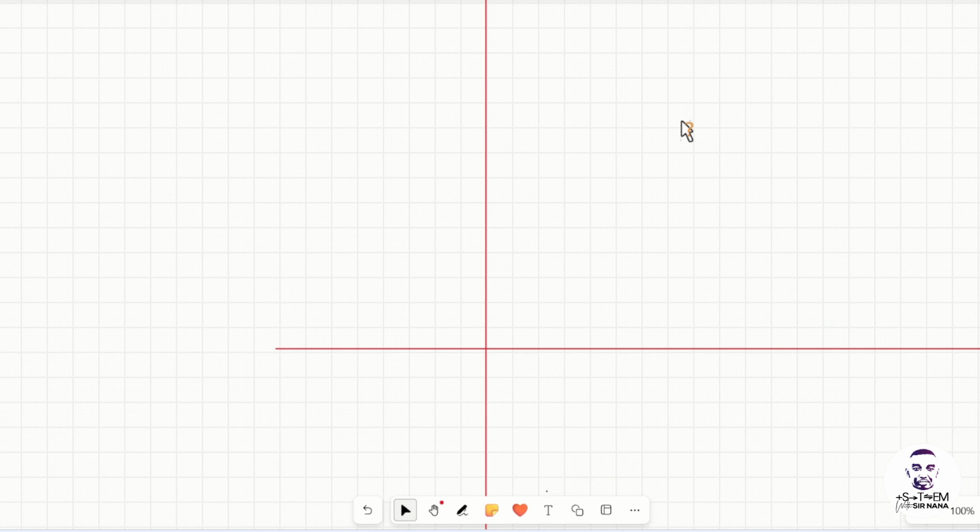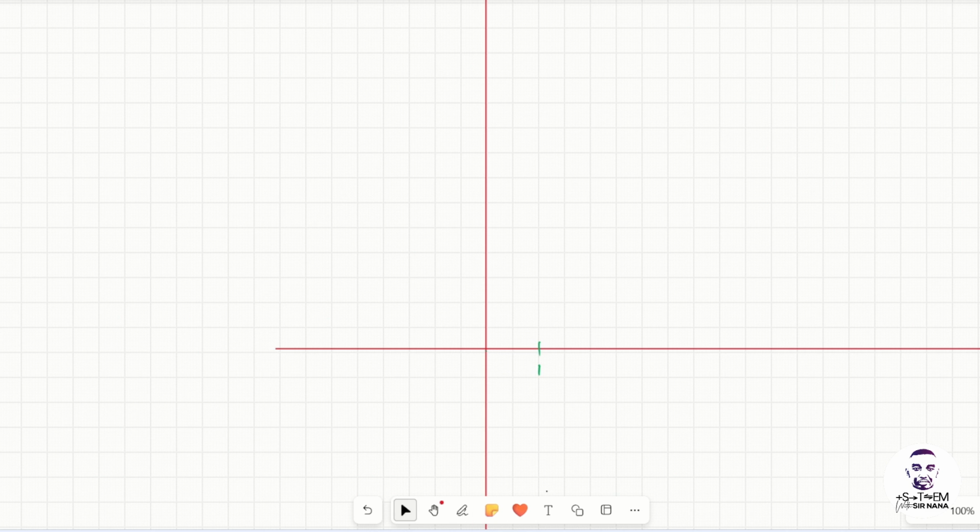We are going to have to label the sides. So we would have, let's say, 2 centimeters to 1 unit. Let's assume that from here to here is 1 centimeter. This is 2 centimeters. So this is 2 centimeters to 1 unit.